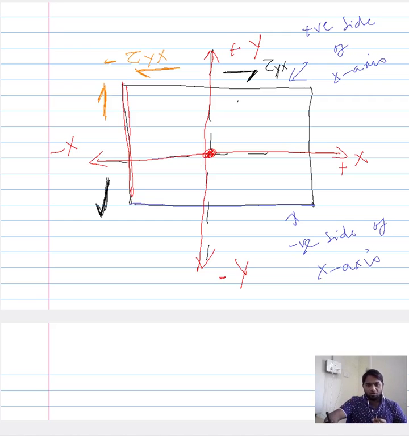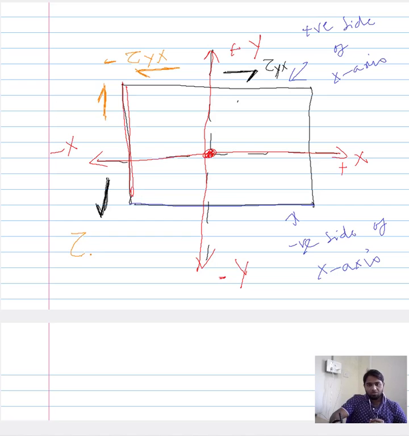One is along the negative y direction and one is along the positive y direction. When the plane itself is negative, the stress can be positive when the plane and the direction are both negative. So here the plane is already negative, it is the negative x plane, and only when the stress acts along the negative y direction, the shear stress is positive.